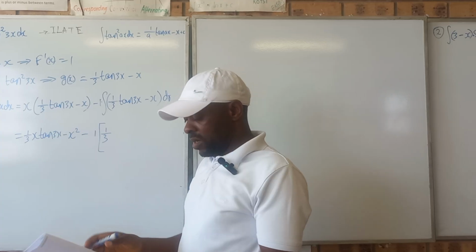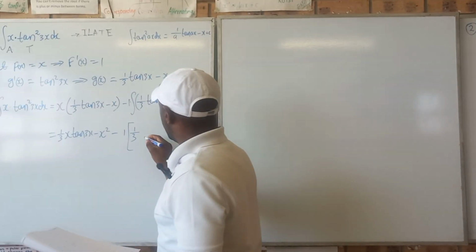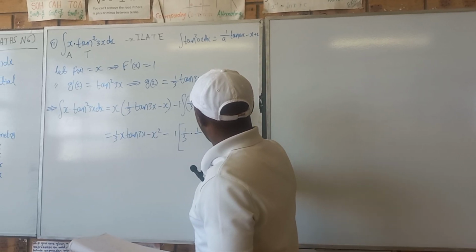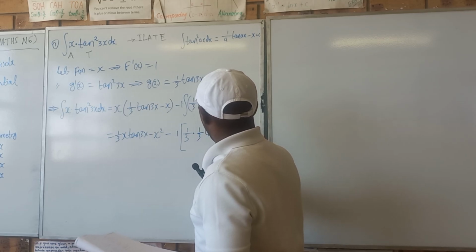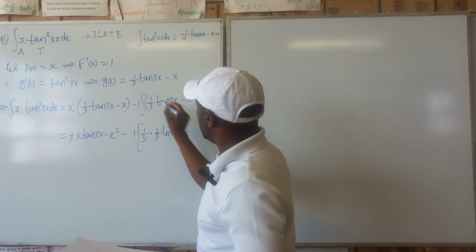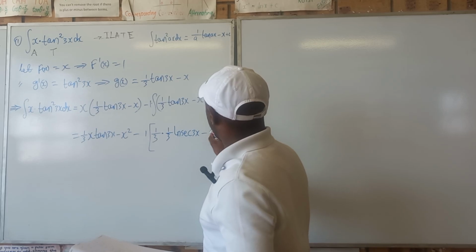It tells me that the integral of tan ax is 1 over a ln sec. So this becomes 1 over a. My a is 3, so it's 1 over 3 ln sec 3x. So that's the integral of 1/3 tan 3x, then minus the integral of x, which will give me x squared on 2 plus c.